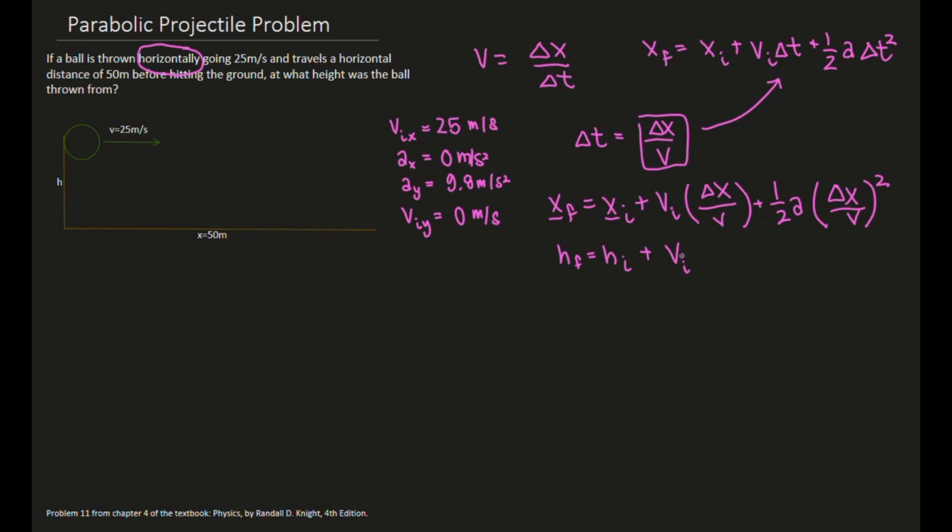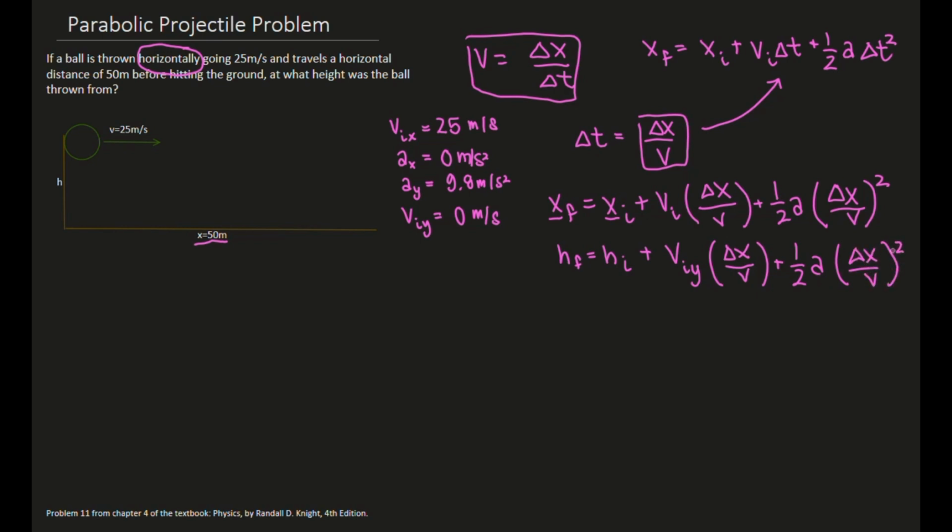And because I'm looking for the height, this initial velocity is the velocity in my y direction, so I'm going to put a subscript there to reference that it's vy. I'm going to keep this x as delta x because it is our change in x in the horizontal direction. We've calculated that from this original equation over our velocity, plus 1/2 acceleration times delta x over v squared.